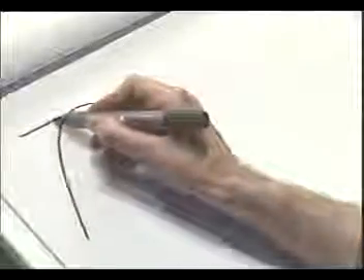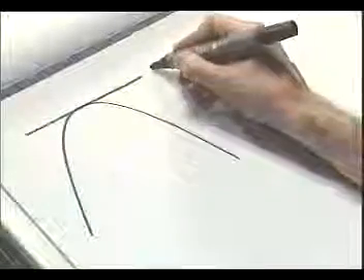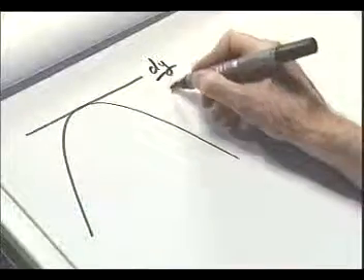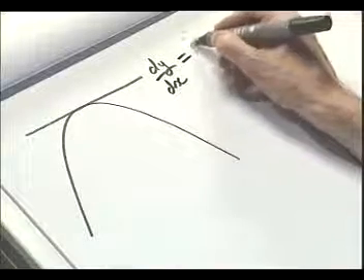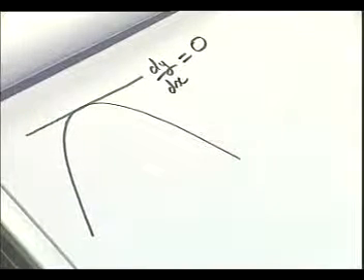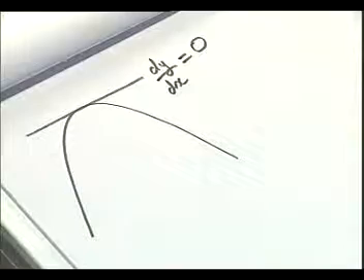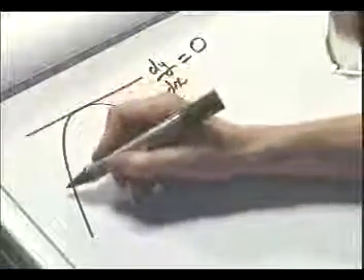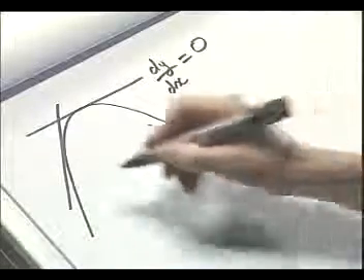So here's our maximum point, and at the point itself we know that the tangent is parallel to the x-axis, and so its gradient, and hence dy/dx, is 0. Let's take a point a little bit before that, say there.